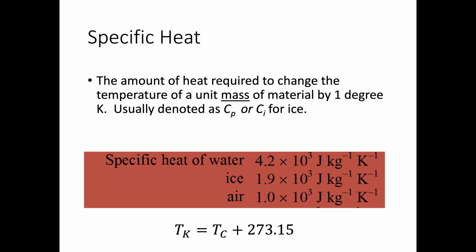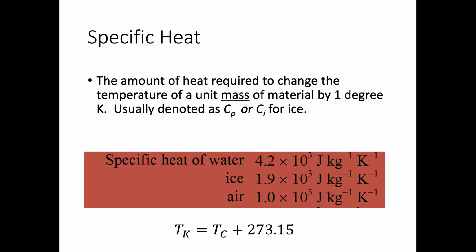To talk in more detail about bringing the snowpack to 0 degrees Celsius, we need to understand the specific heat, which is the amount of heat required to change the temperature of a unit of mass by 1 degree. The table in the red shows the specific heat for water, ice, and air. The units are joules per kilogram per Kelvin.